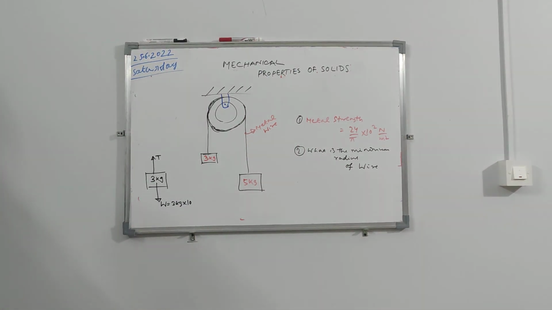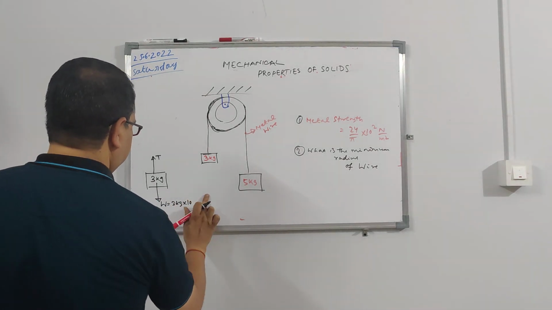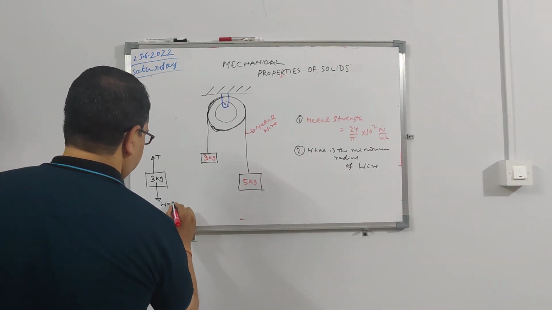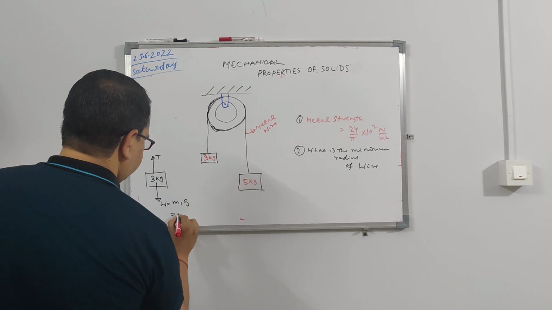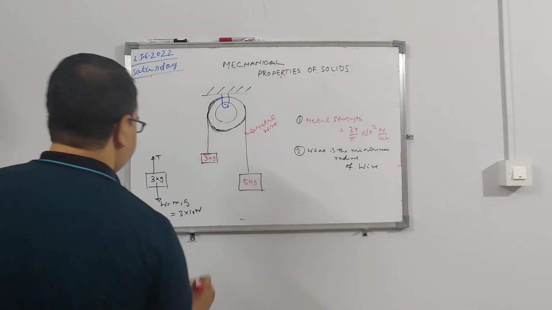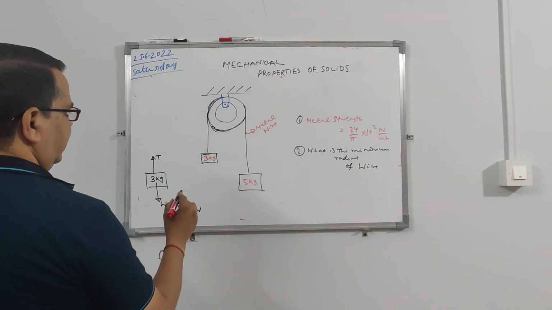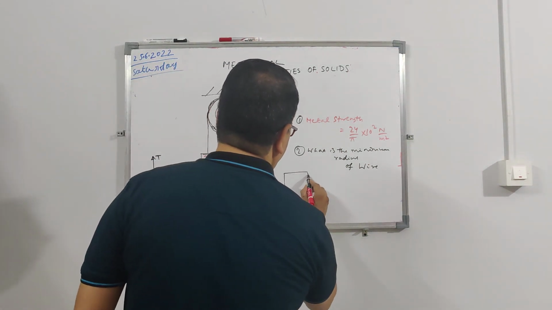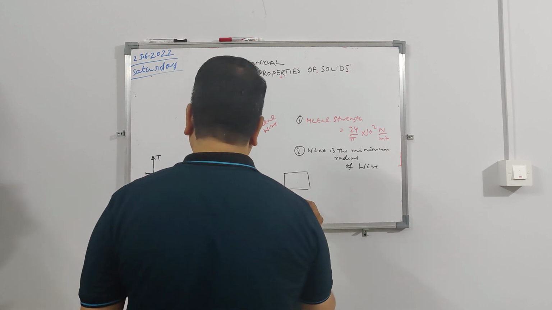Let me write it as m1 into g, which is 3 into 10, in Newton.